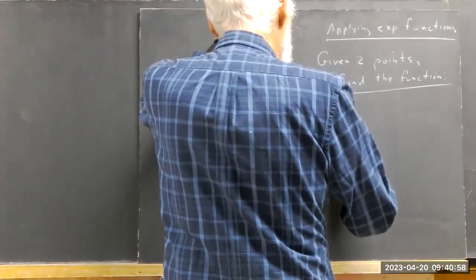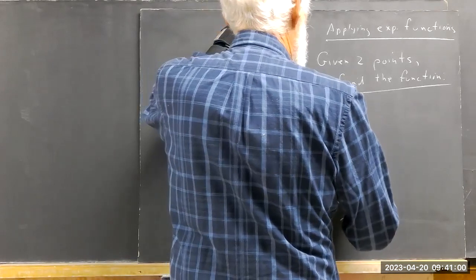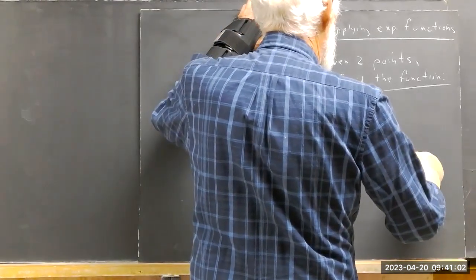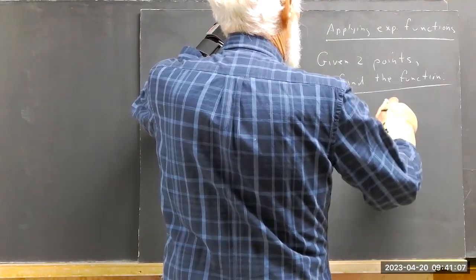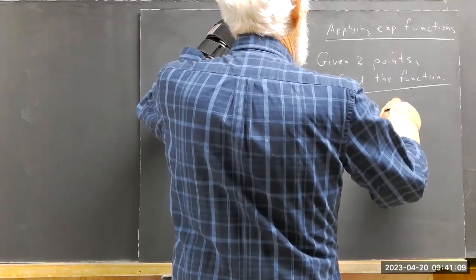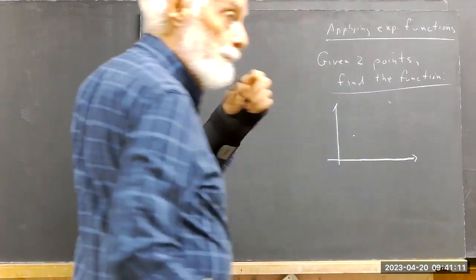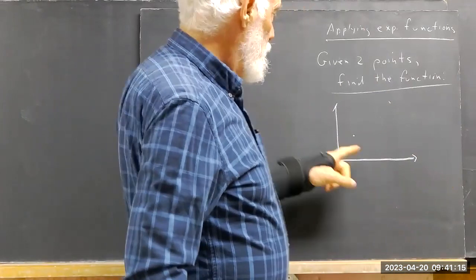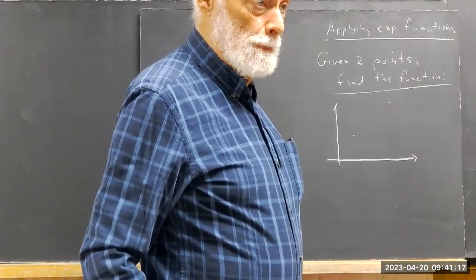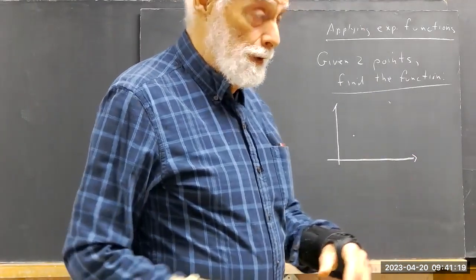You've got 2 points on the graph. Say, you take any 2 points. I mean, you put any 2 points on a graph. Now, if you're given an application, it'll tell you what the coordinates of these points are. This is what it comes down to, okay?